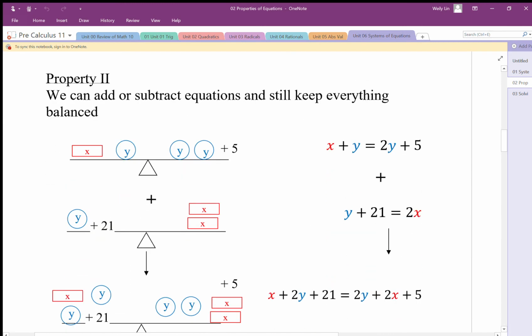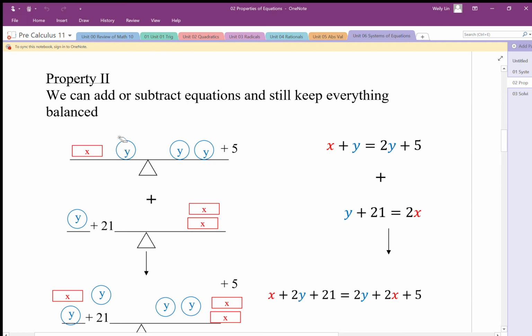Property number 2 is that if we have equations, we can combine equations and keep it balanced. So if we have two equations that are balanced, here I have x plus y equals 2x plus 5, so algebraically it looks like this. And I have another balance, y plus 21 equals 2x.